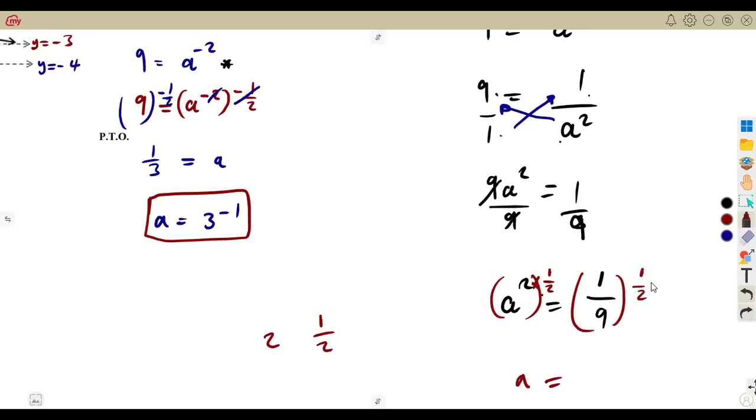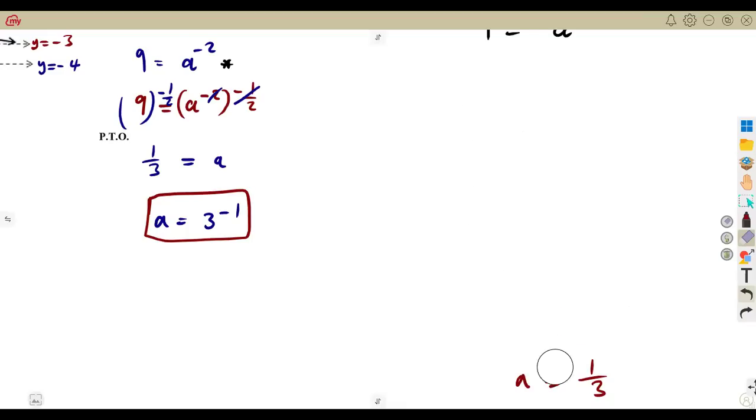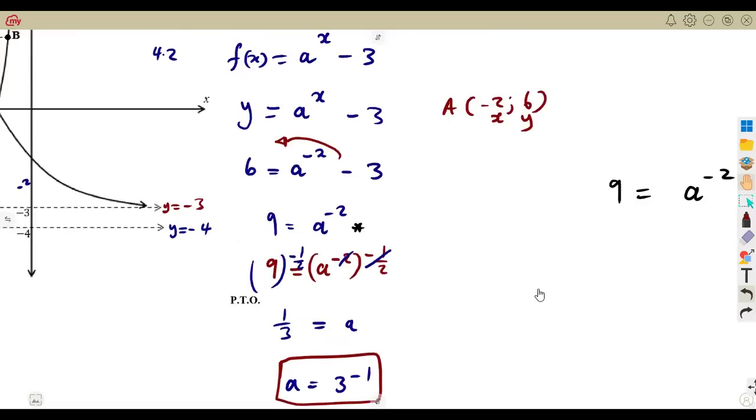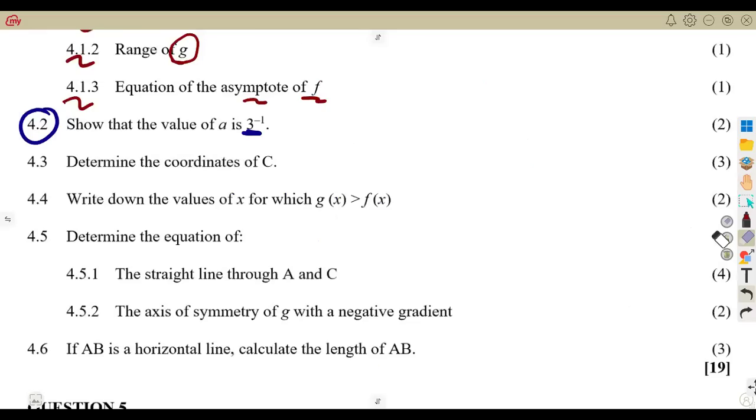This 1 over 9 raised to the exponent of 1 over 2 is still simply 1 over 3. And if that is 1 over 3, it means we've got 3 to the exponent of minus 1. Simplifying later on, guys, is actually in your hands, the way that you understand simplification. That is the value of a that we wanted there.